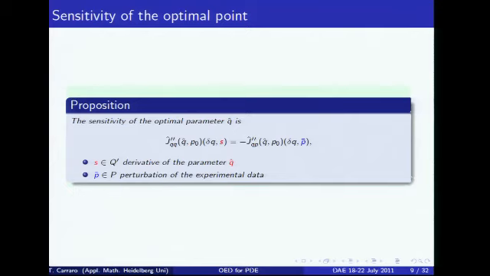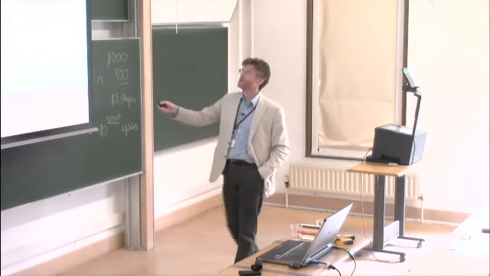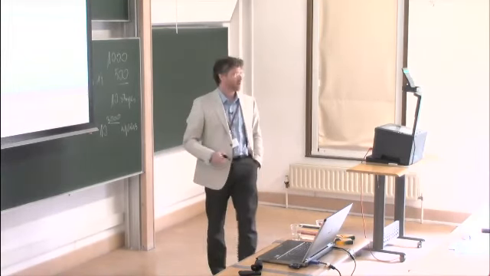The sensitivity of the optimal parameter q hat is given by this equation: the second derivative with respect to q of the functional is equal to minus the mixed second derivative with respect to the parameter q and the perturbation p.